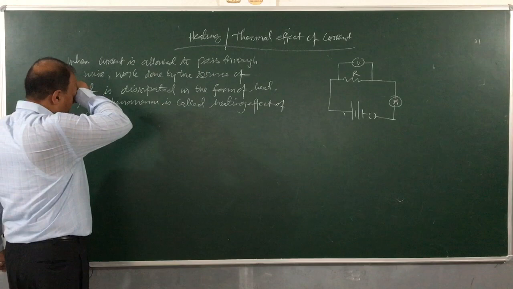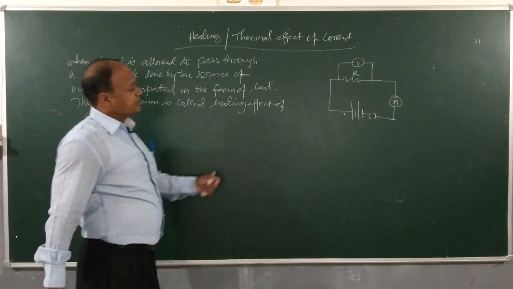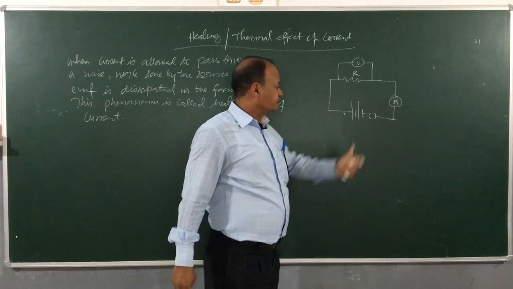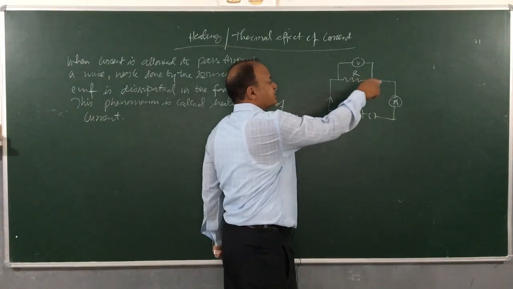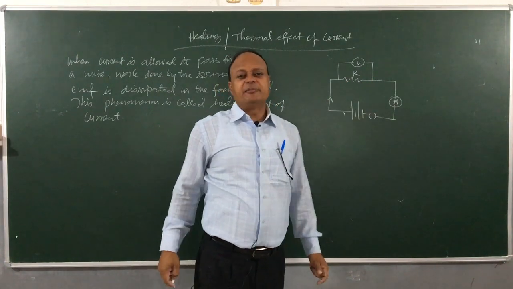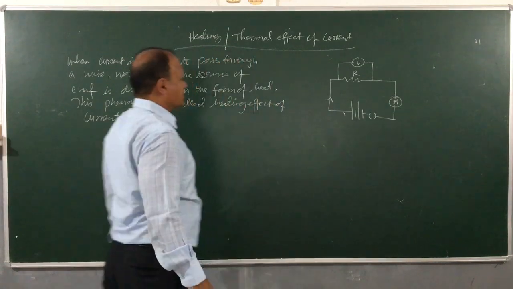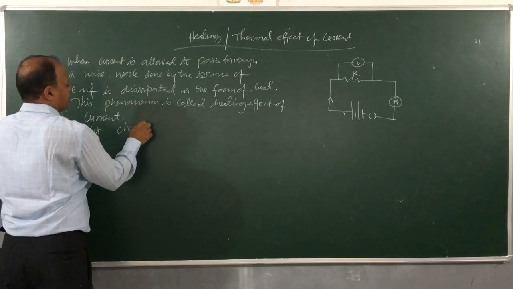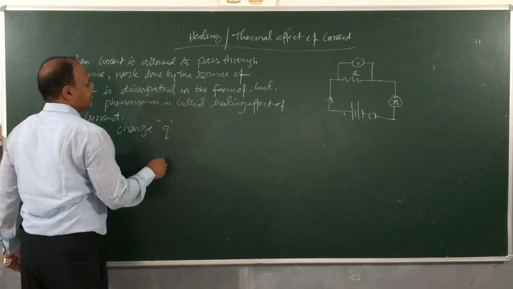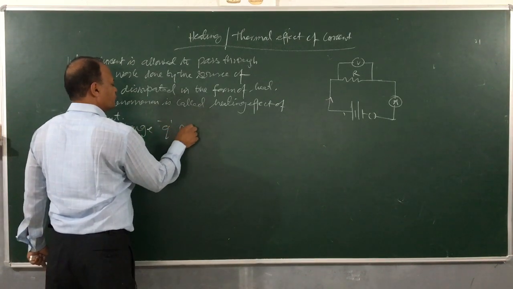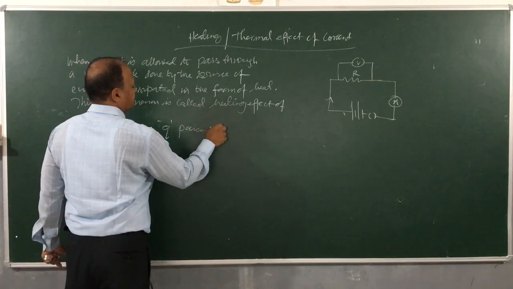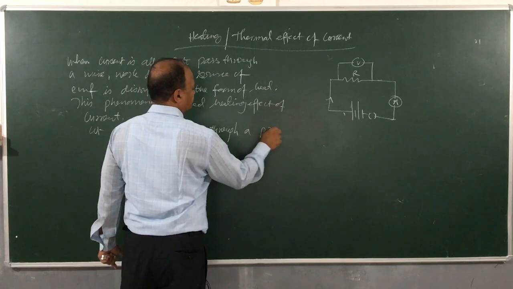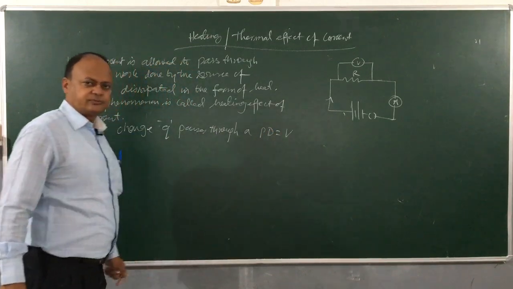Now, suppose the potential difference across this resistance is V, current is flowing through it, then in a given time interval charge Q passes. So, let charge Q pass through a potential difference V, right.